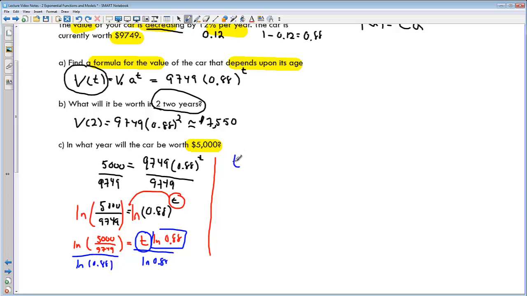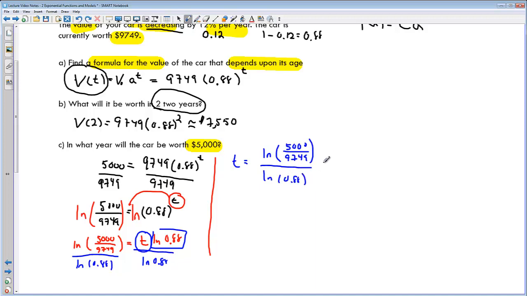So t will be equal to exactly, we write it down exactly, ln of 5,000 divided by 9,749, so it's all in parentheses, ln of all that, then divided by ln of 0.88.